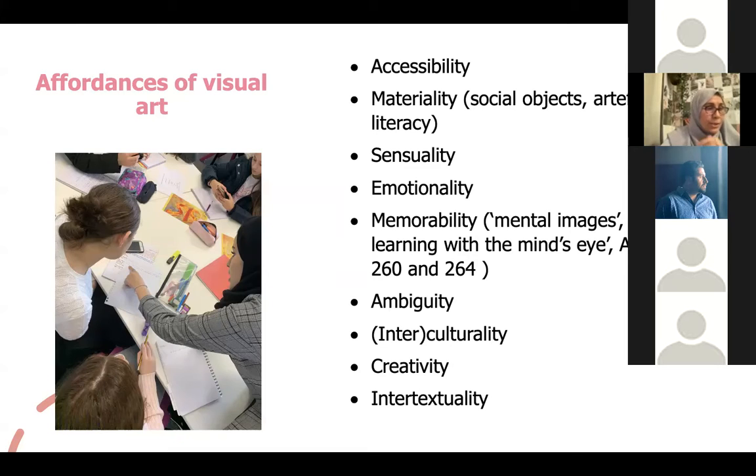Something that has struck me when looking at how students look at a piece of artwork is the point of ambiguity. When I say to the students, when you look at this art piece, there is no right or wrong when you interpret it, don't worry.